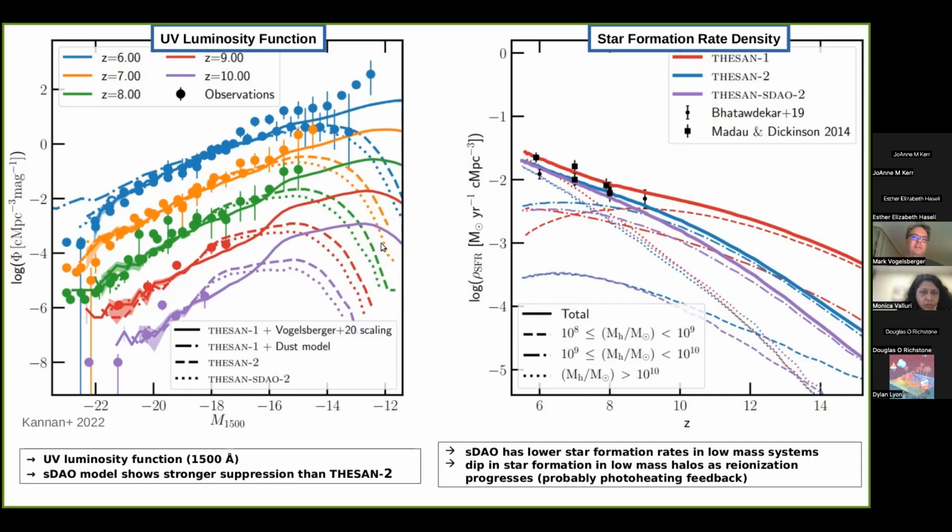So this is a physical effect that you see here, which is coming from this oscillatory cutoff that you get in the transfer function. Just to give an example, that's one of the impacts of changing the nature of dark matter, that you get this suppression at early times. This is, of course, very well known, for example, for warm dark matter, but this is also something that you observe here in these SDO models.